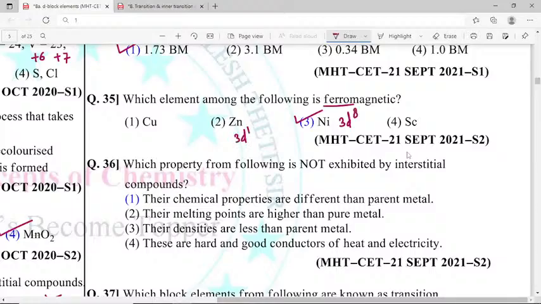Zinc 3d10, 0 unpaired. Copper 3d10 4s1. Scandium 3d1 4s2. So it has 2 unpaired electrons. Nickel has 2 unpaired electrons.